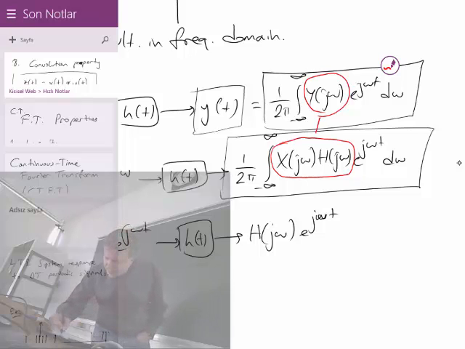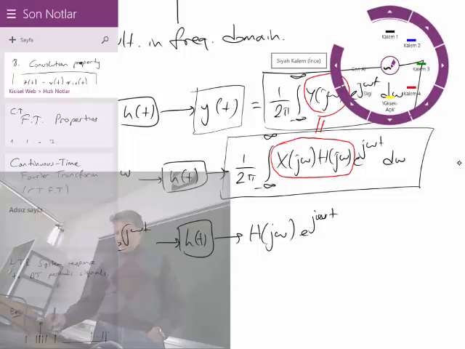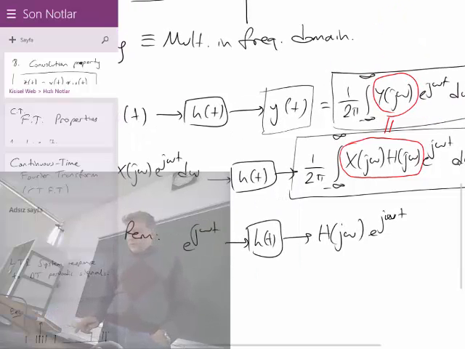So they are equal to each other, which is a proof, right? It is saying that if you convolve x and h to make y of t, then you must multiply x of j omega and h of j omega to find y of j omega.